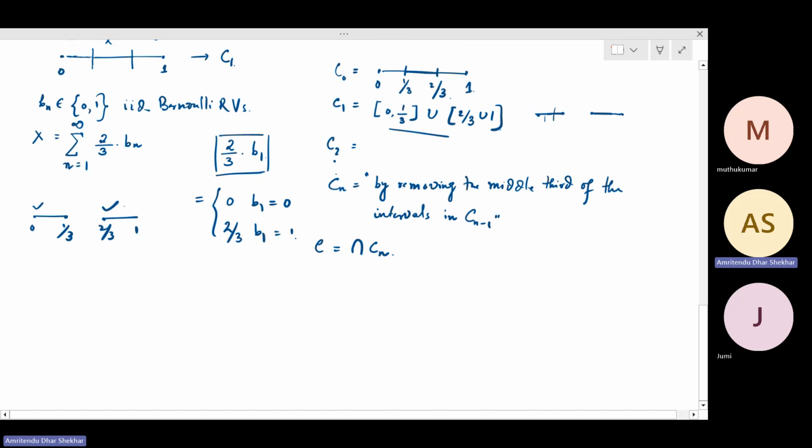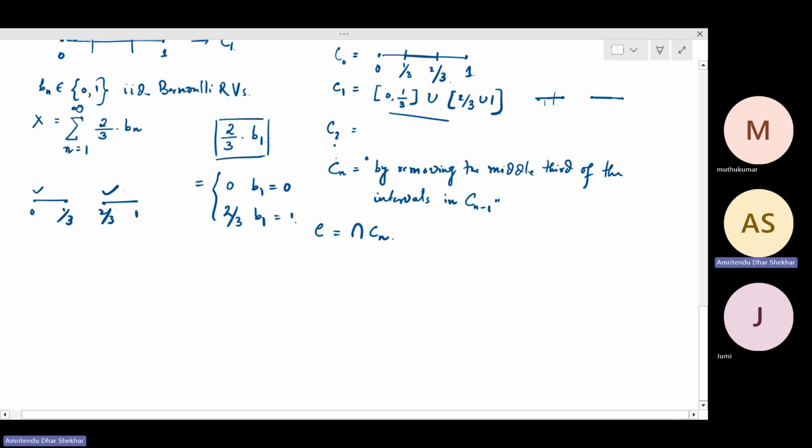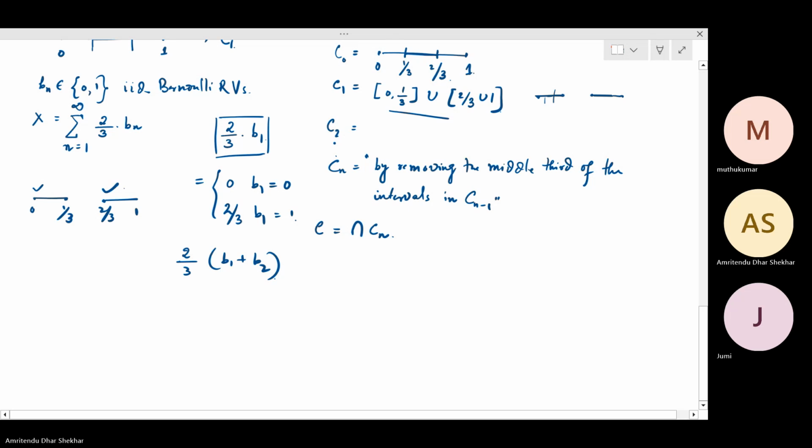Now, when you consider 2/3 of B1 plus B2, okay, I made a mistake. It's actually 2/3 to the power n.